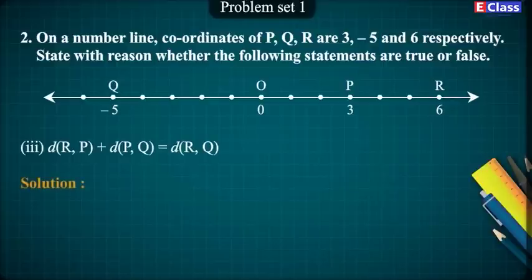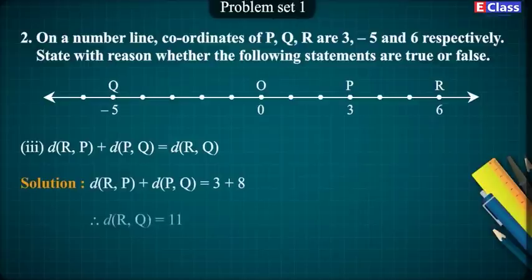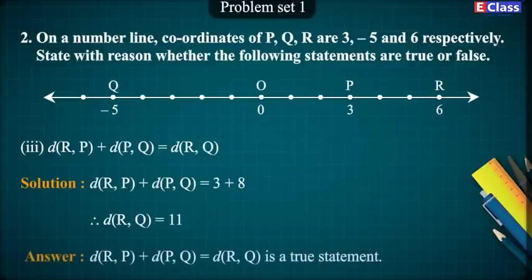Solution: RP plus PQ is equal to 3 plus 8. Therefore, distance of RQ is equal to 11. Answer: RP plus PQ is equal to RQ is a true statement.